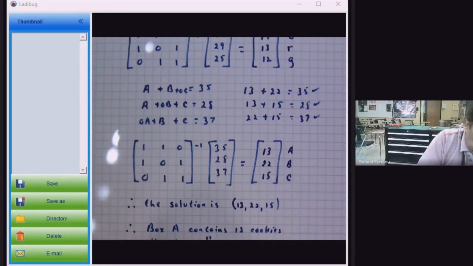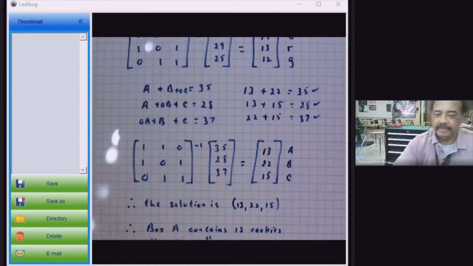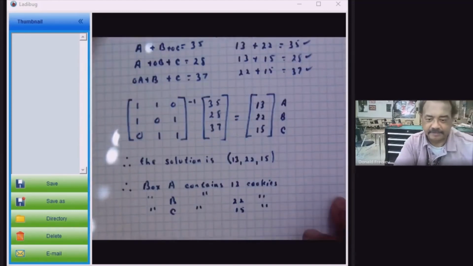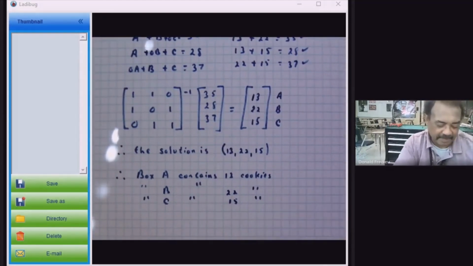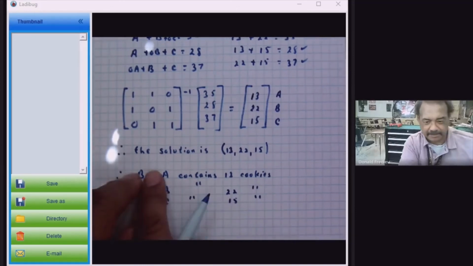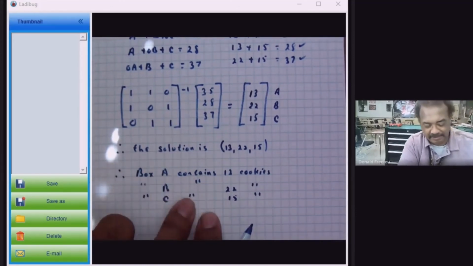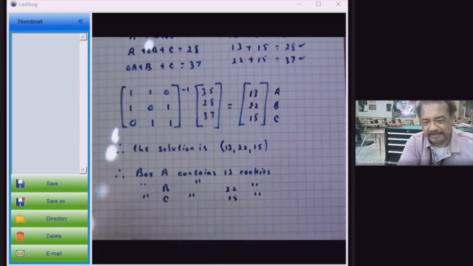And box C contains 15 cookies. And then you're done. Okay? Well, like I said, don't do the ditto. You got to write box 3 times, and contains 3 times, and cookies 3 times. Because you're young and you need to develop good habits.